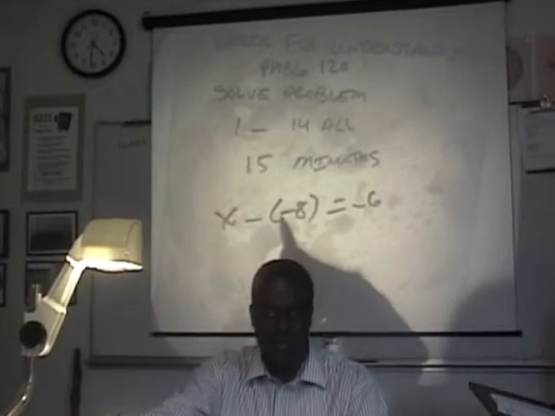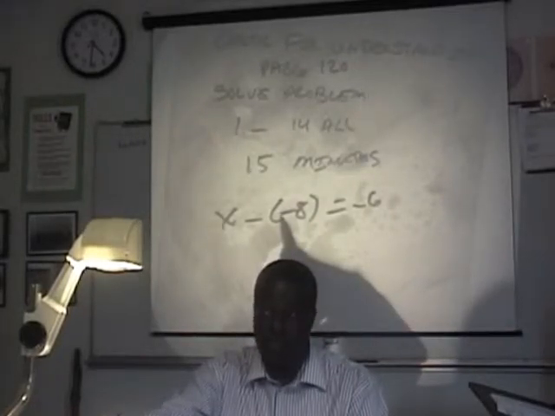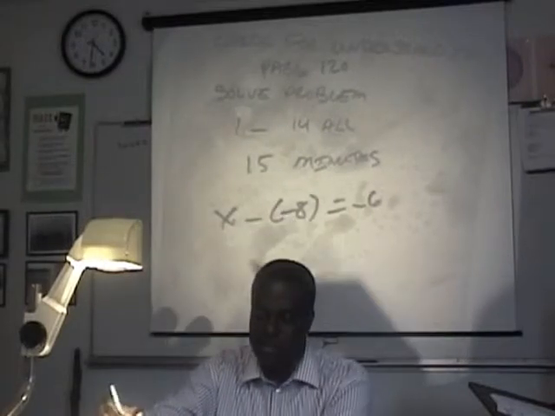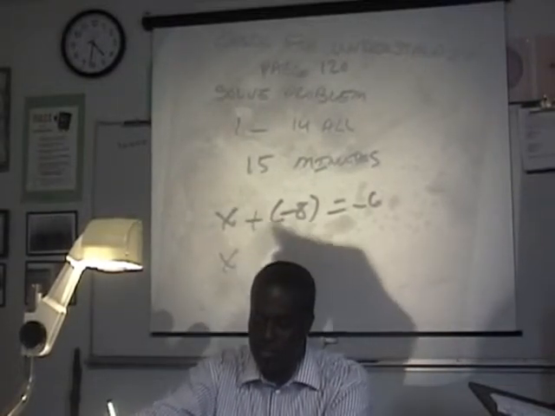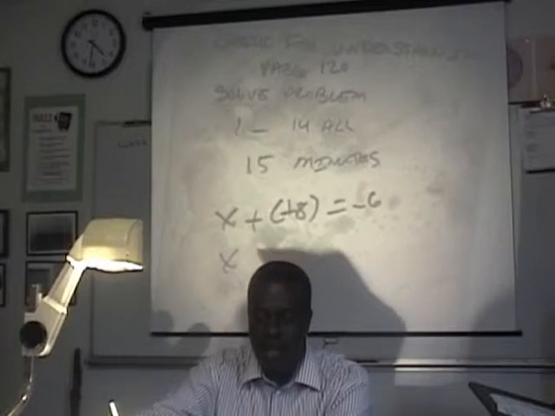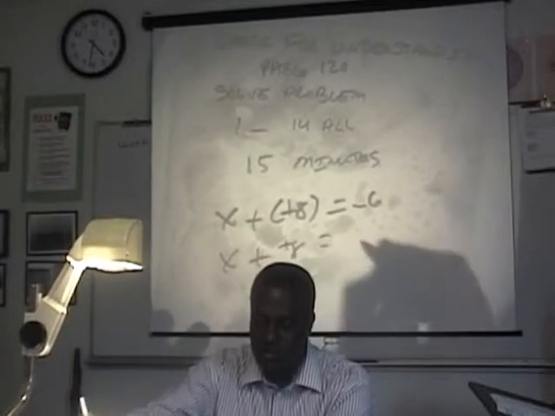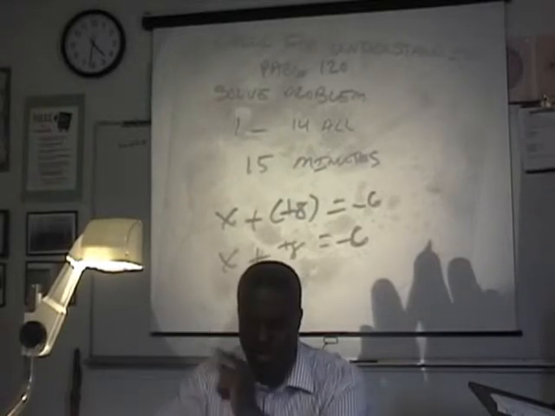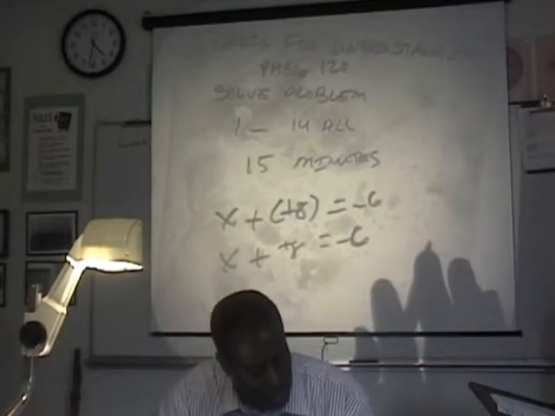You're subtracting here, so you can always change the subtraction problem to addition. So subtracting a negative is the same as what? Adding a positive 8. So that's the reason why, and that's your answer. Okay, let's go to the next problem.